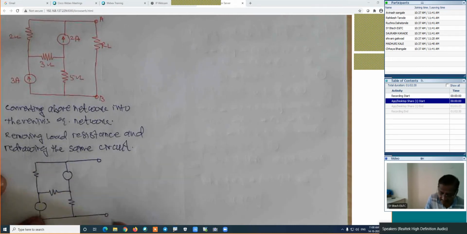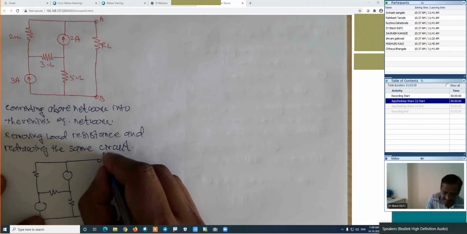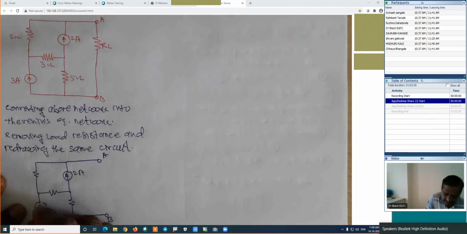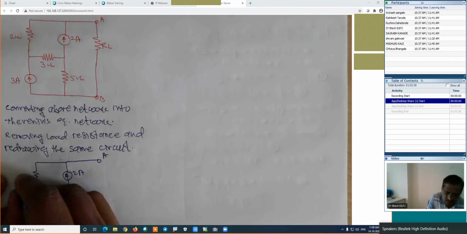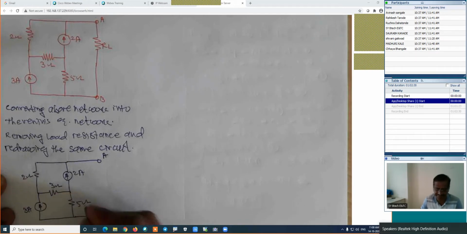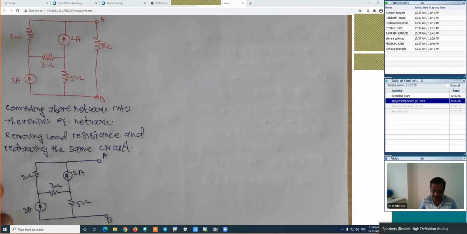This is B point. This is A point. This is the current source, which is 2 amperes. This is the current source, which is 3 amperes. Here it is the 2 ohm. This is 3 ohm. And this is 5 ohm. Is it right?